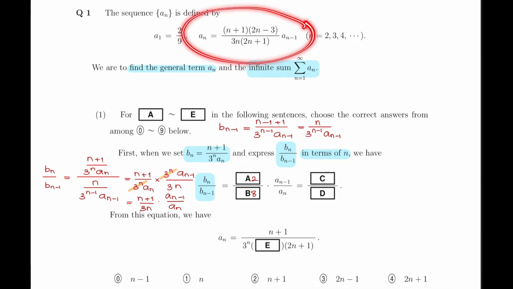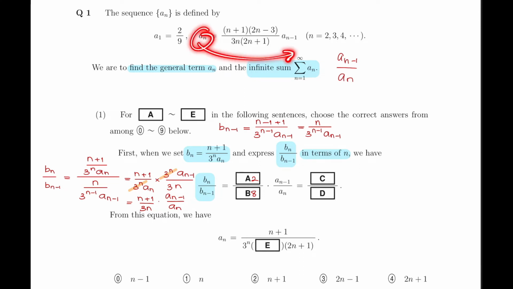Substituting an from the right-hand side, this expression moves to the left-hand side, so it becomes 1 over all of this.